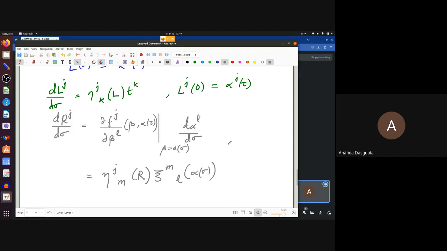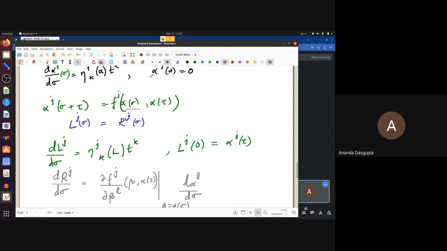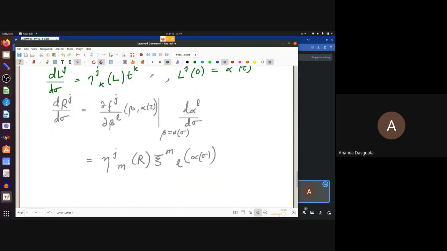And now I put in d alpha L d sigma, which by the equation that I wrote down a while ago is nothing but eta L, let's call that n, of alpha of sigma, tn. Now what is this? Right, because xi and eta are inverses.